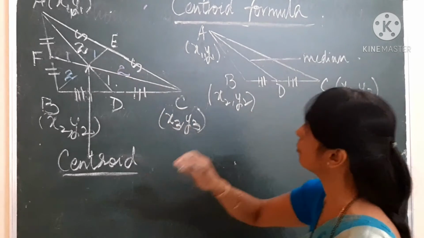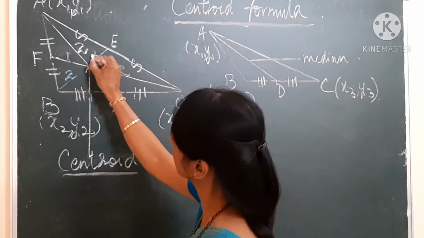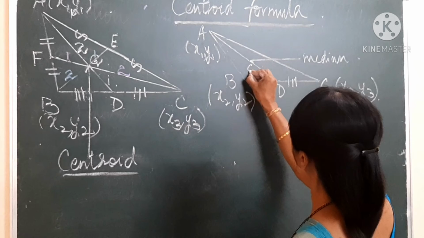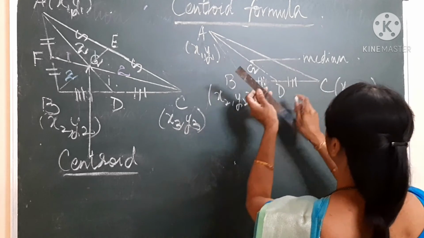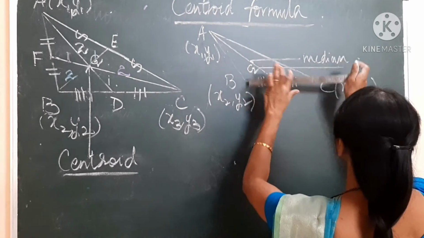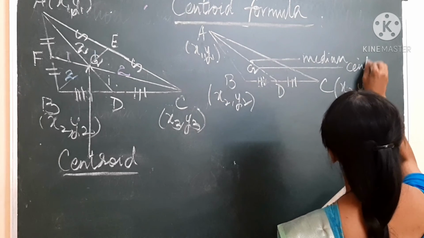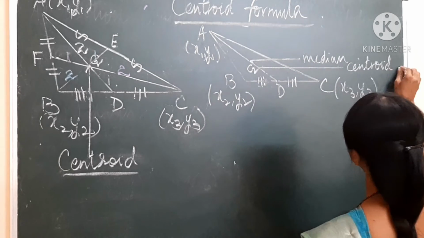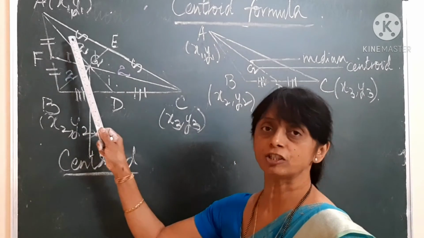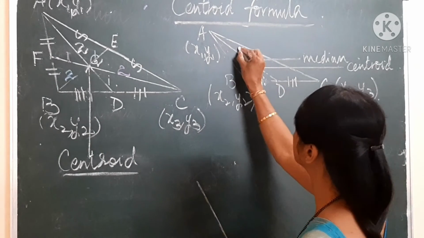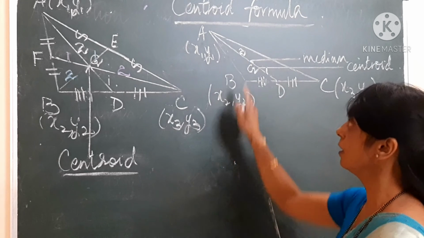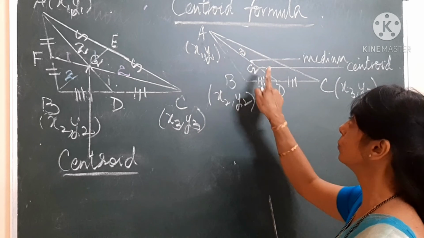Here you have your point G, which is the centroid. And what does the centroid do? We saw that the centroid divides the given median in the ratio of 2:1. So 2:1 is the ratio m:n.